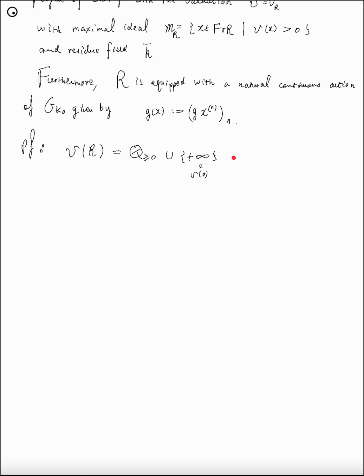The reason this is the image is because this map is onto, since all the p-th roots give you an algebraic extension.